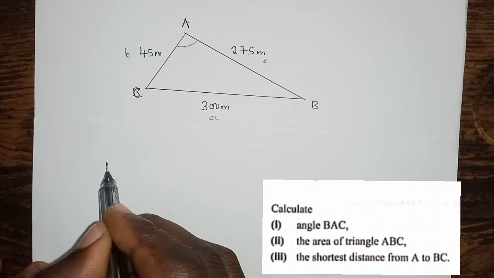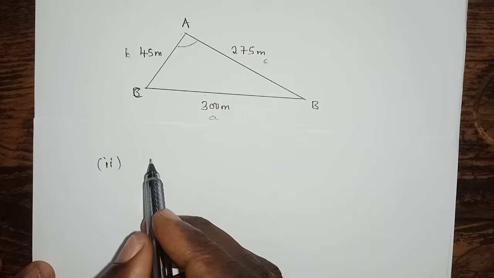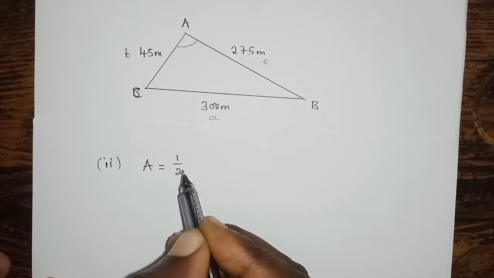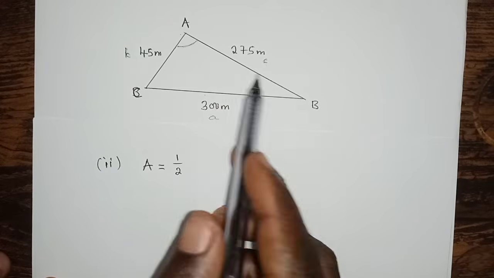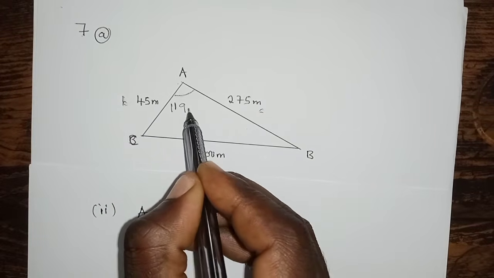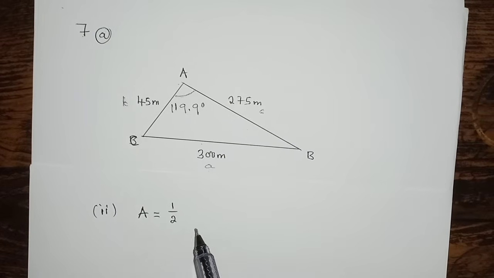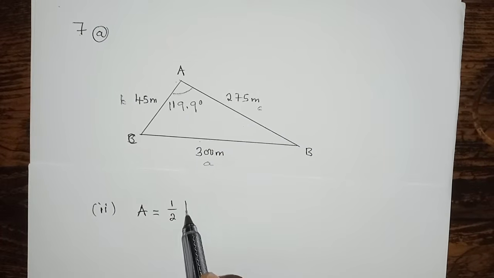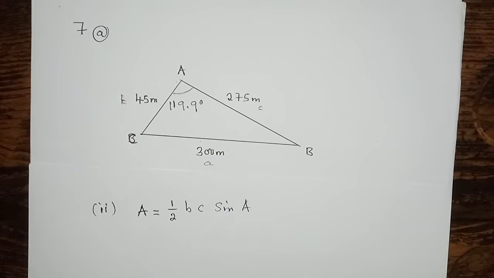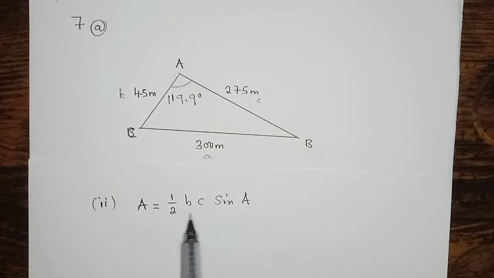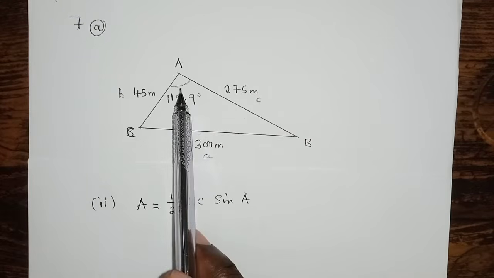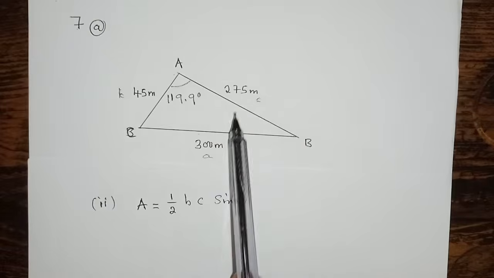So for question 2, where they want us to find the area, we're simply going to say area of a non-right angle triangle is equal to, looking at how the diagram is, because here we have found the angle, half B C sine A. For the area, you can put any letters, but this is the arrangement. The angle A, which we're going to use here, and the side here is B, and the other side is C.